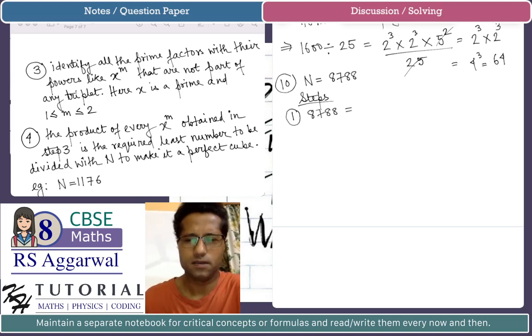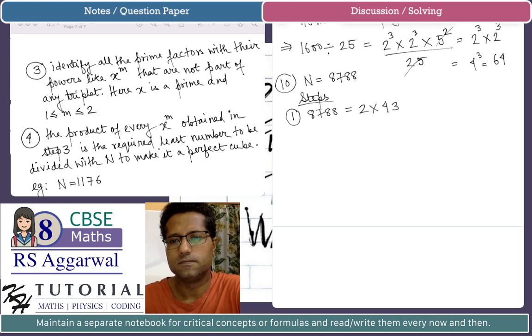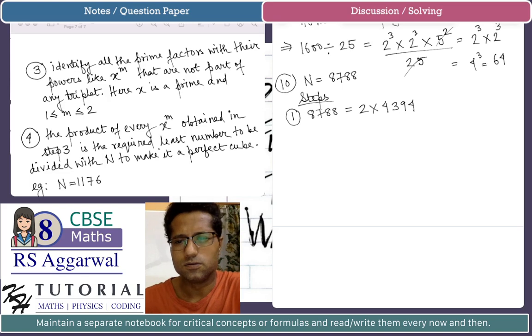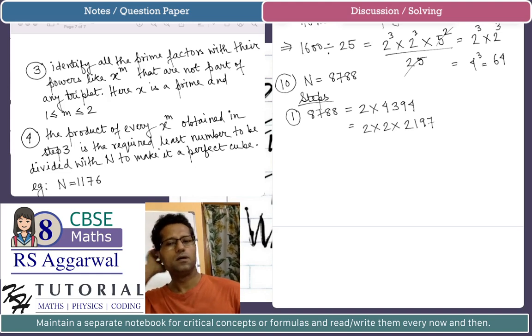Let's divide it by 2. 2 multiplied by 4, and we have 3, 9 and 4. So this is equal to 2 multiplied by 2 multiplied by 2, 1, 9 and 7. Okay, 2 multiplied by 2 multiplied by 2, 1, 7.